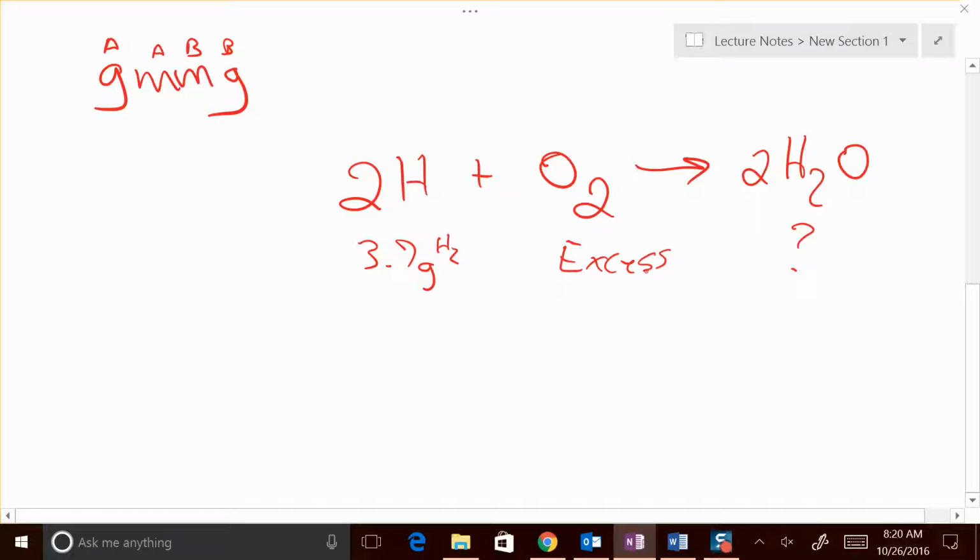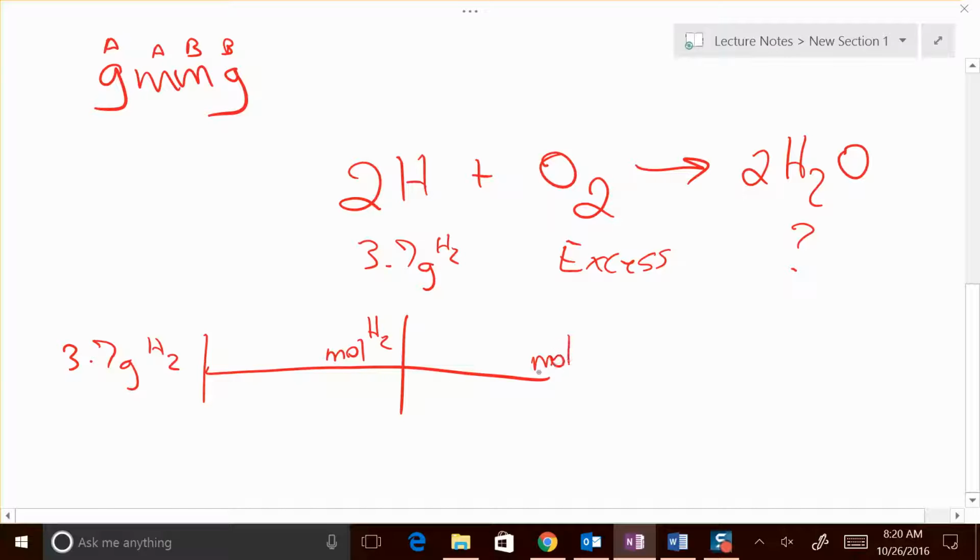So I can start with my 3.7 grams of H2 and convert to the grams of water, G of A to the moles of A to the moles of the other thing, the new thing, which is water, to the grams of water. I drop my units.